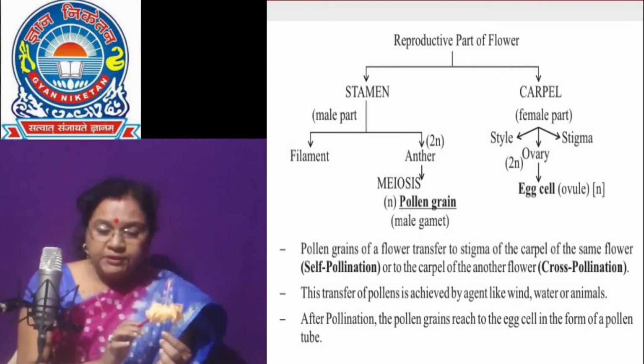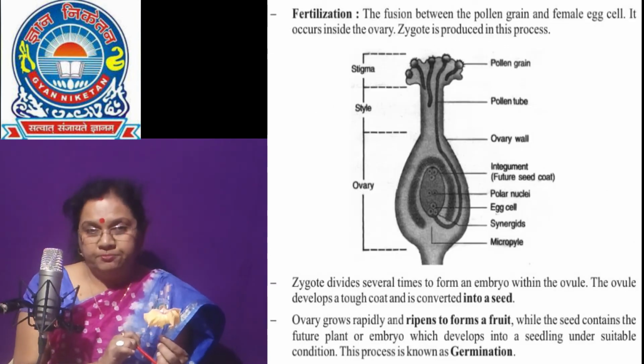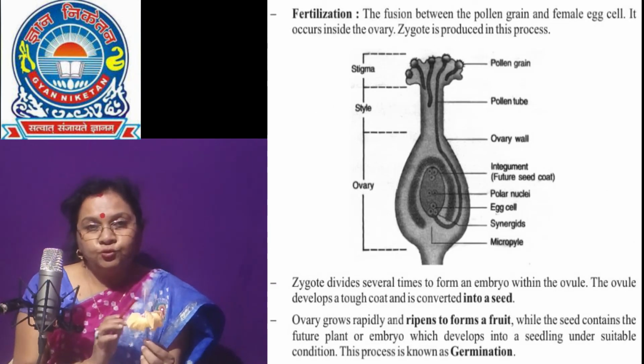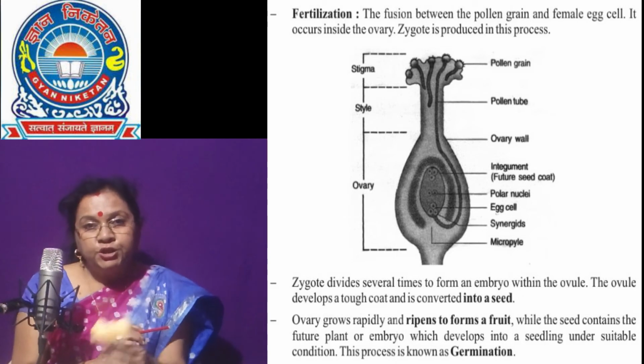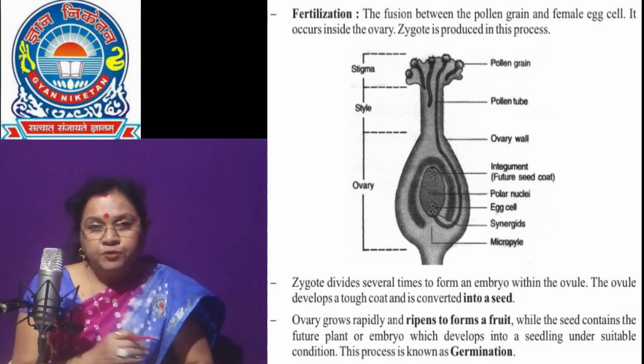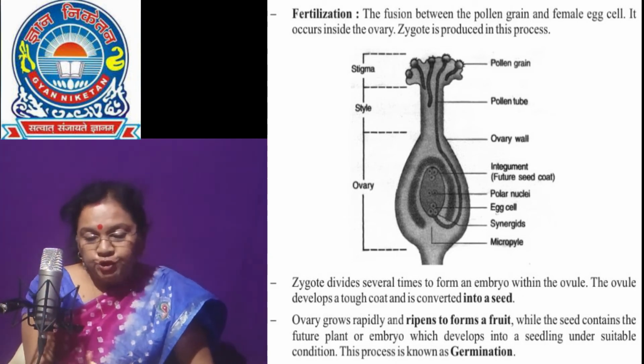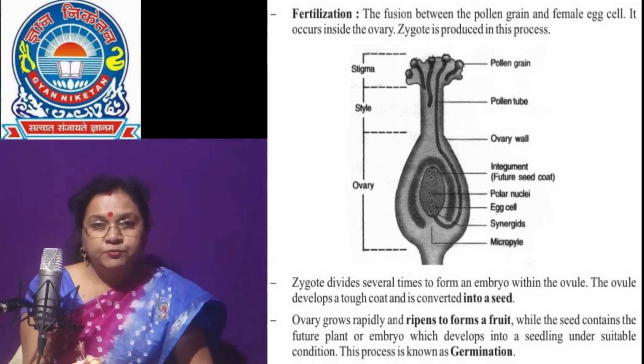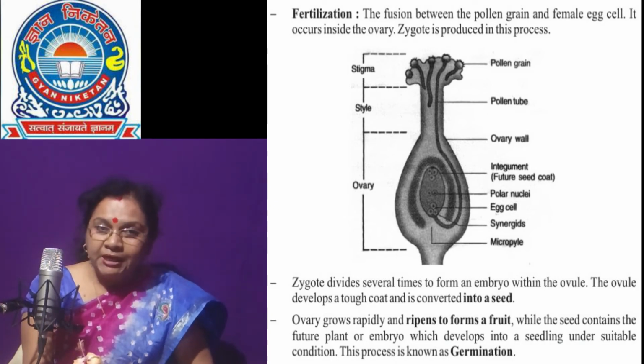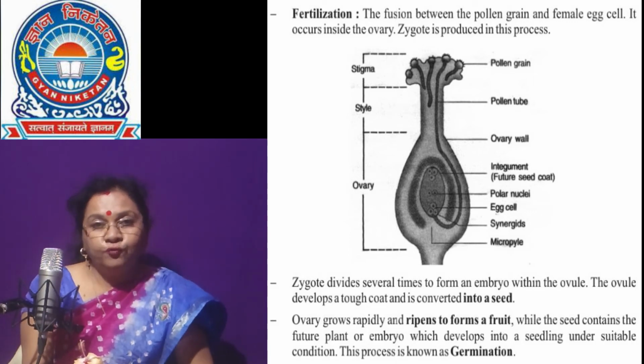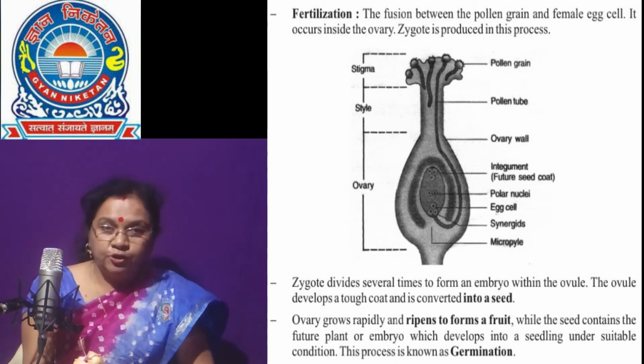Now the process of double fertilization in plants. What happens during double fertilization? When the pollen tube brings down the two pollen nuclei towards the ovule, one of the pollen nuclei fuses with the egg nucleus to form the diploid zygote.